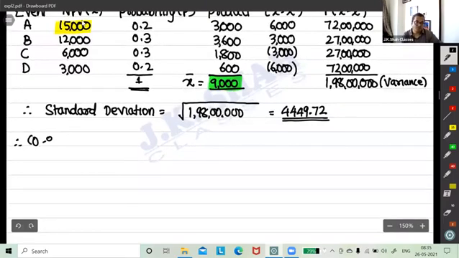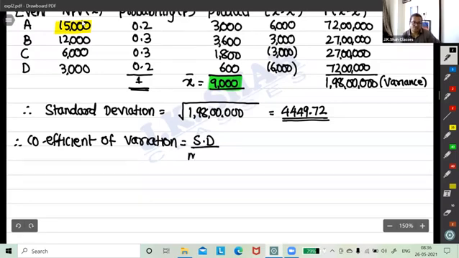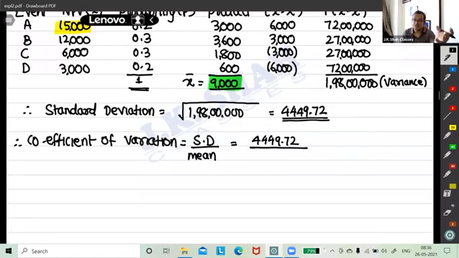Therefore, coefficient of variation is standard deviation upon mean, that is 4449.72 divided by what mean we got. Correct, that green marked is mean only, na?